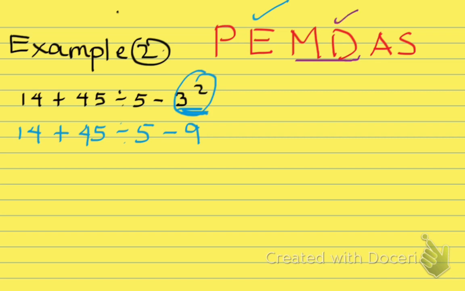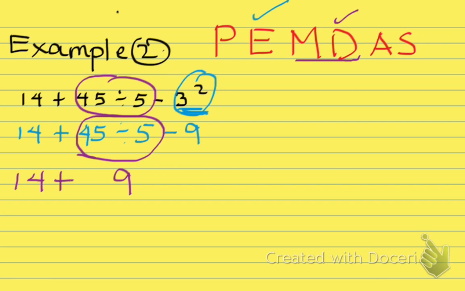We have 45 divided by 5. The answer is 9. So let's rewrite again. Instead of writing 45 divided by 5, let's write down 9. So 14 plus 9 minus 9.